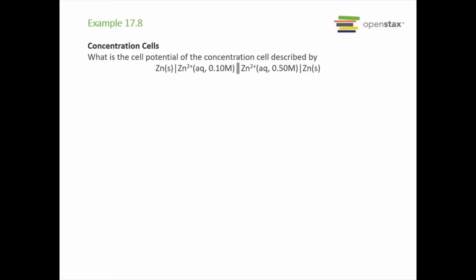So we can use this information to write our half reactions for the anode and the cathode. At the anode, we have zinc solid going to zinc 2+, and we can just remind ourselves this is aqueous and 0.10 molar. So we know that there have to be 2 electrons transferred here.